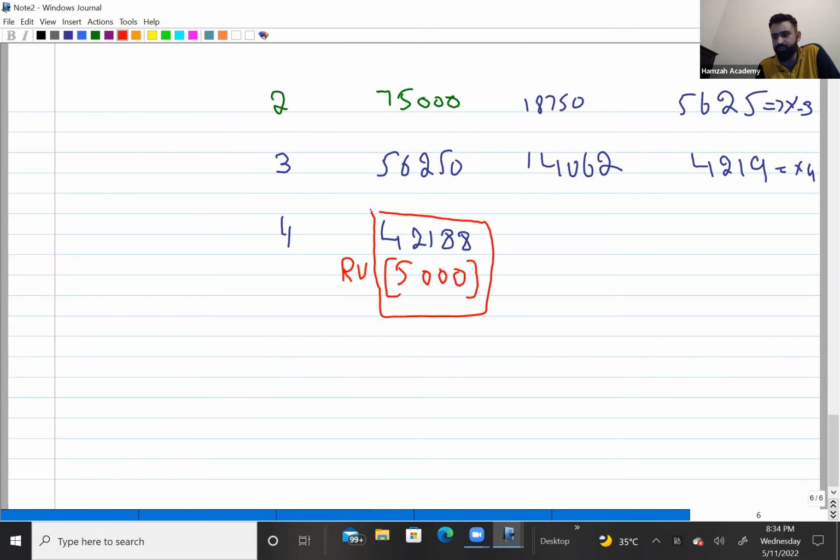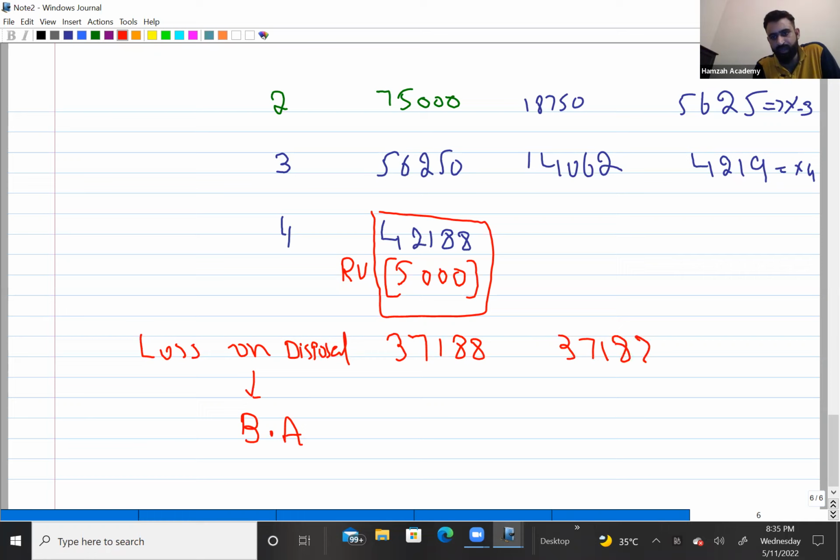We have a loss on disposal, and that loss on disposal is 37,188, also known as balancing allowance. So we have a balancing allowance of 37,188.